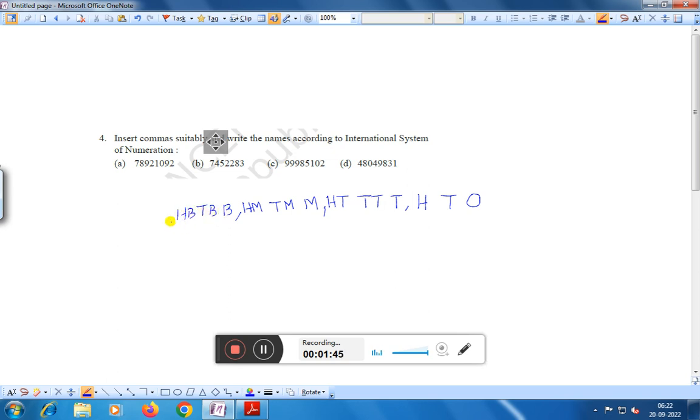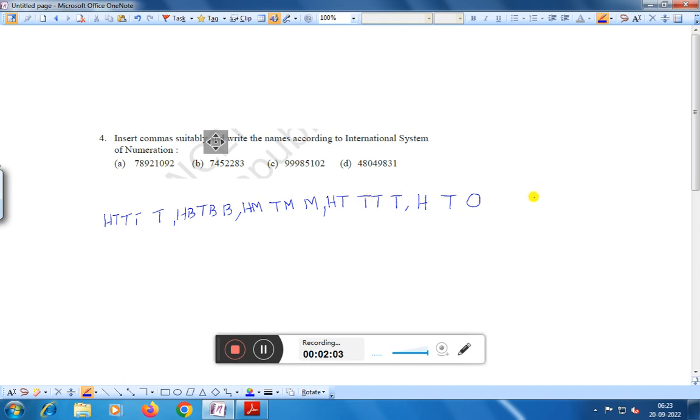After 3 digits you put another comma, then trillion, 10 trillion, 100 trillion. That means after 3 digits you have to put commas in the International System of Numeration.